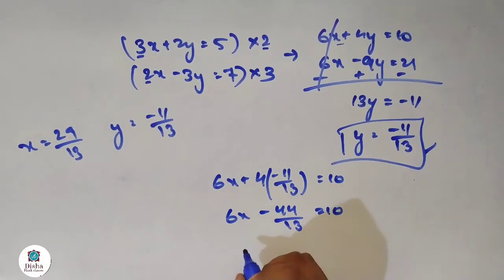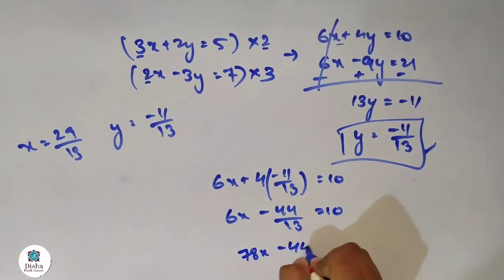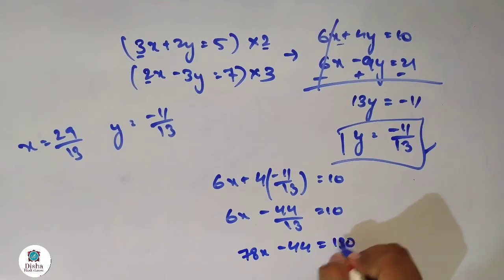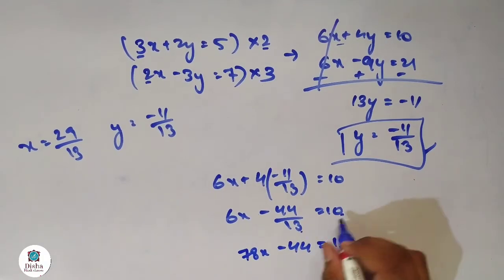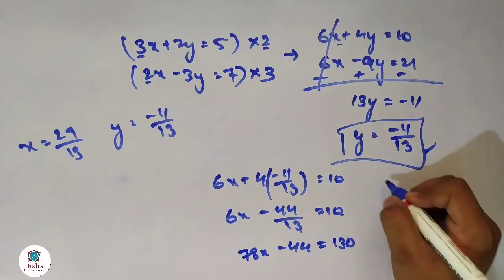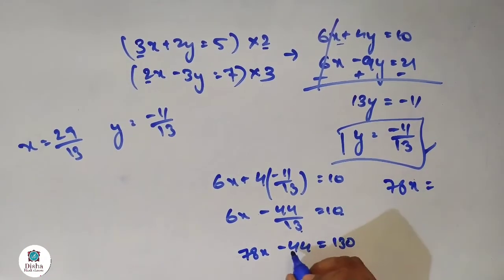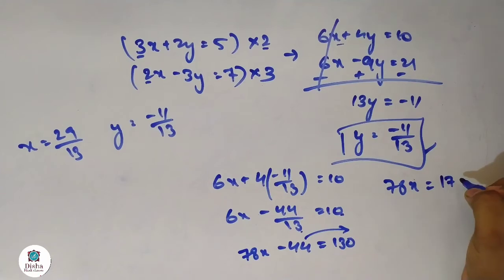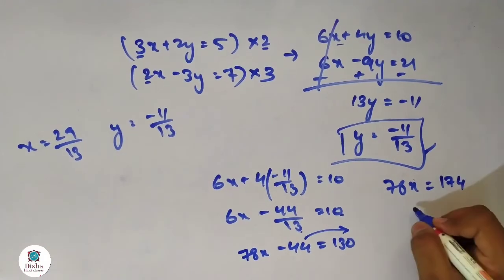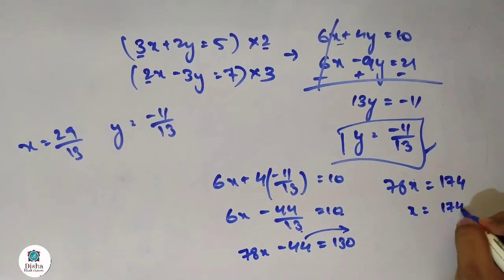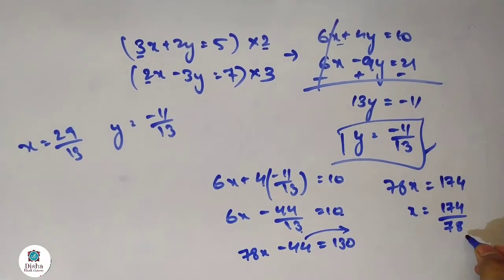So 13 into 6 is 78, 78x minus 44 equals 130. This 13 goes in 13 into 10, 130. So 78x equals 130 plus 44. This minus 44 will go to the RHS and become plus 44. So it will be 174. So x equals 174 by 78.